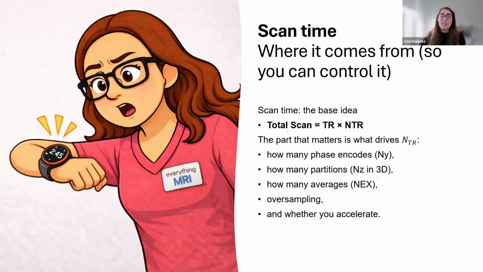So that practical question is: is the limitation our physics or is it our patient? Is the patient breathing or moving or unable to do what we need them to do? We then need to switch gears and prioritize our time reduction strategies. So that's going to preserve that diagnostic image.